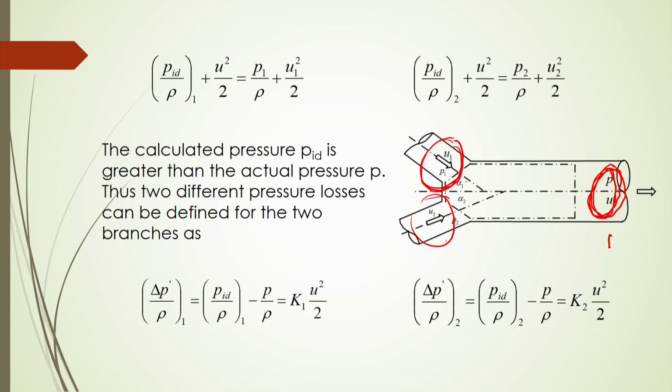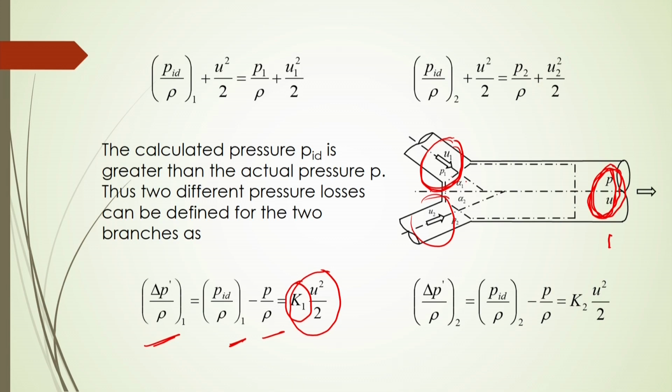Thus, two different pressure losses can be defined for the two branches as delta P dashed by rho at section 1, that will be equal to P_id by rho minus P by rho. So, that will be equal to K_1 into u square by 2. So, this K_1 is called the minor loss coefficient at section 1.